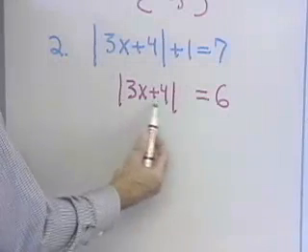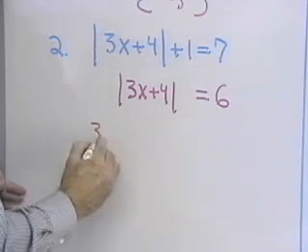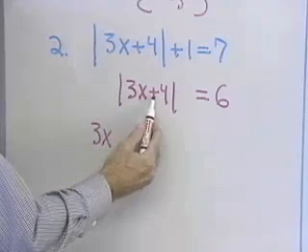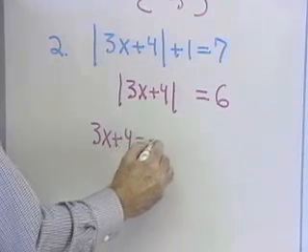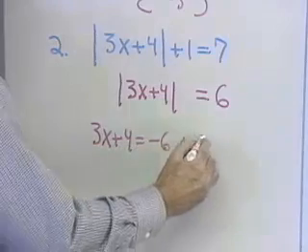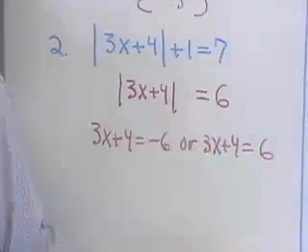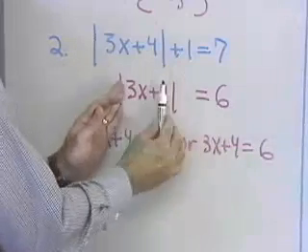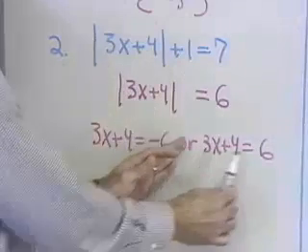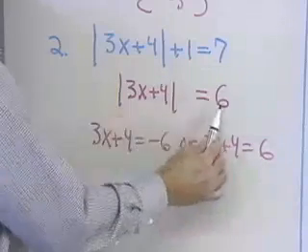Now, the only way the absolute value of 3x plus 4 can be equal to 6 is if 3x plus 4 is negative 6, or 3x plus 4 is equal to positive 6. So when I say the absolute value of this quantity is 6, it means that this quantity is either negative 6 or positive 6. Those are the only two numbers whose absolute value is 6.